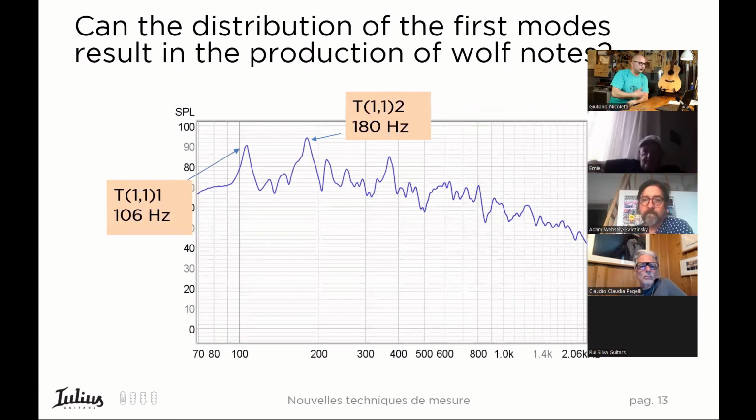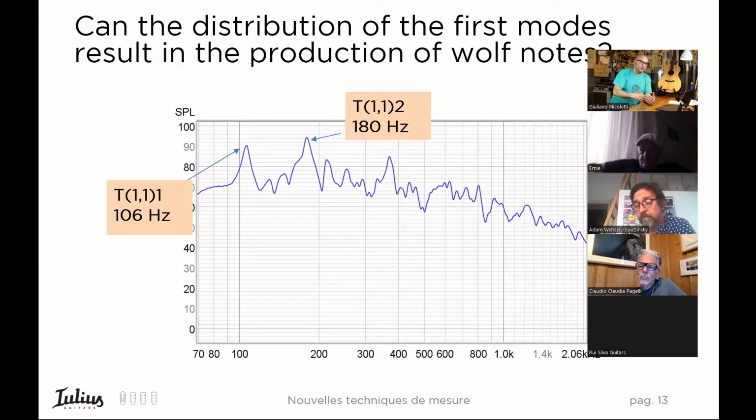And the second: can we produce Wolf notes with the main modes? Mostly the monopole, because the monopole is the mode that usually has the higher amplitude, can produce Wolf notes. If the guitar is very sensitive, so if the soundboard is light and very responsive, the Wolf tone can be unpleasant.